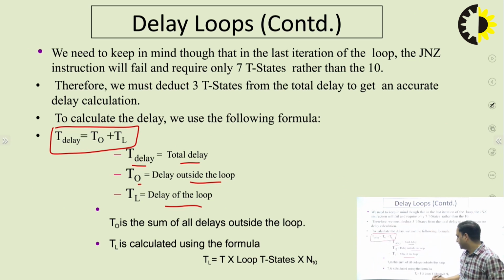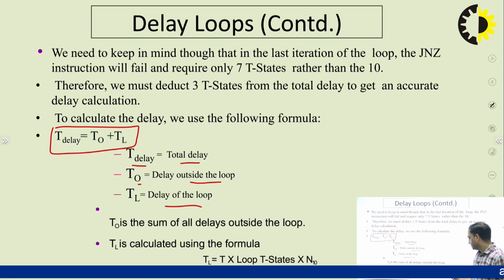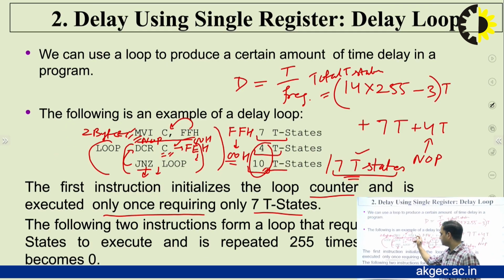Clear? So in that case TL is calculated using the formula: total T states in the loop into 10. This 10 is in decimal form. This FF is hexadecimal, but we have to convert it into decimal form, which is 255.